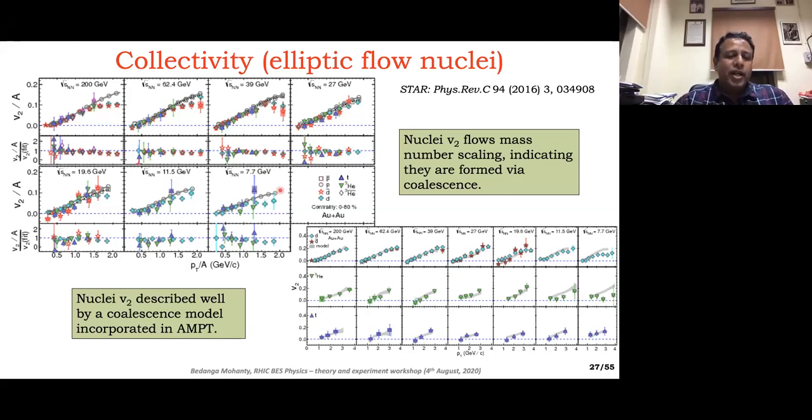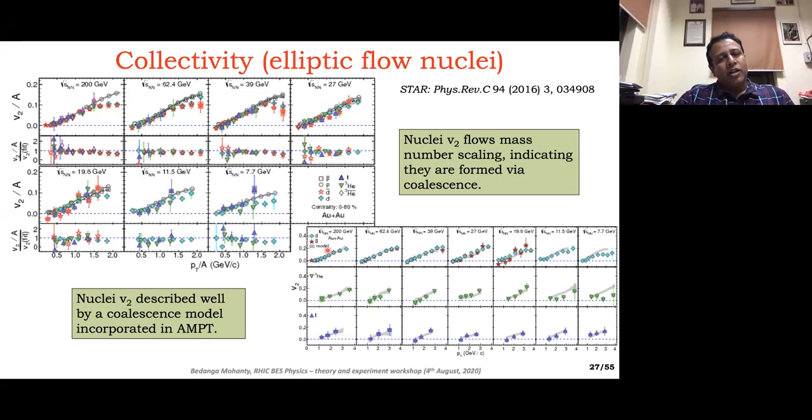Another way to look at this picture is to confront the data of V2 versus PT of these nuclei like deuteron, helium-3, and triton with a coalescence model incorporated within a transport approach. Those are shown by the gray bands, and they seem to explain the data, especially up to at least 11.5 GeV, relatively nicely, validating that in this observable, the coalescence picture seems to be holding.